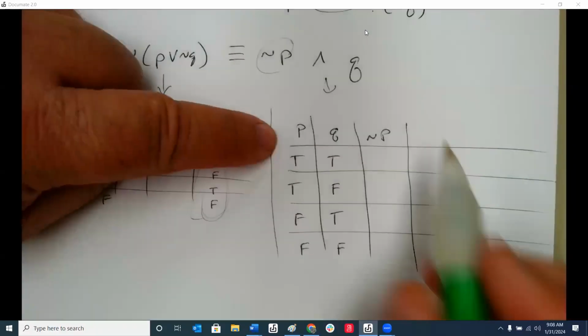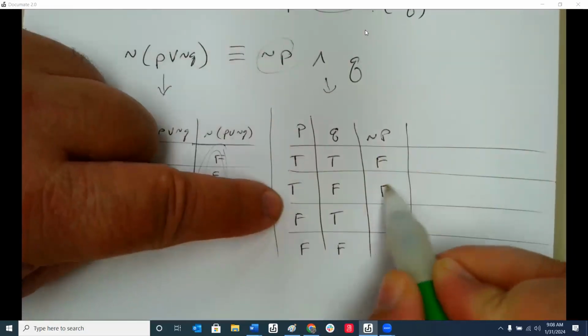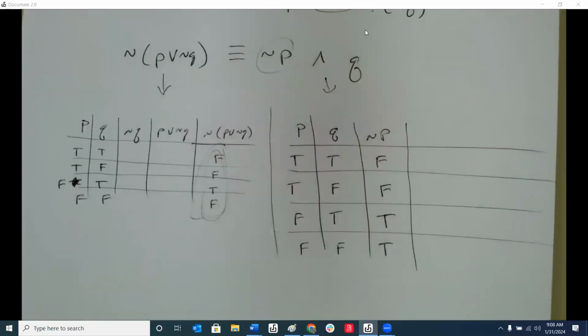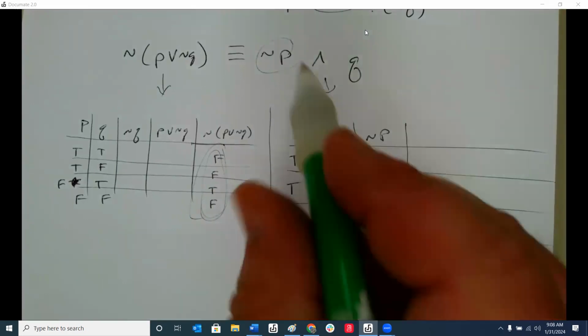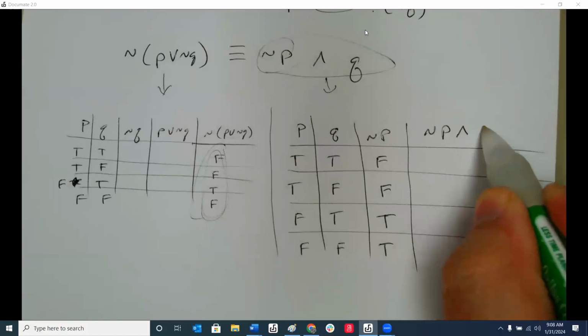So here's P. The not P would be false, false. Very good. So far, so good. Then what do we gotta do? Yeah, now we can find the whole thing. Not P and Q.